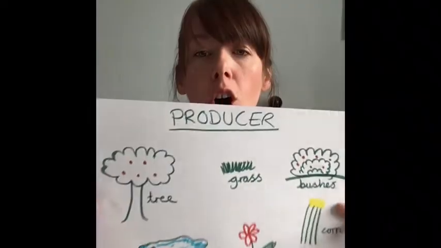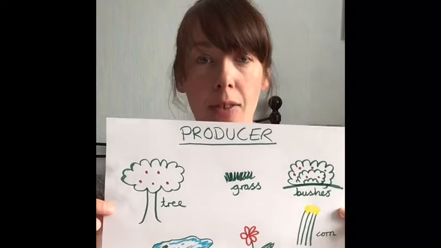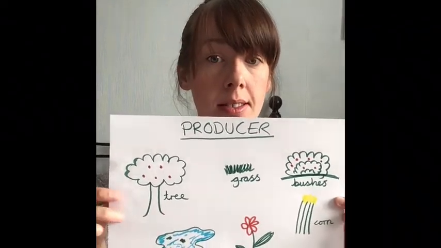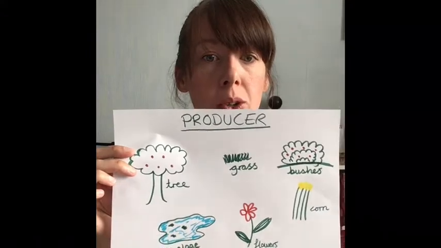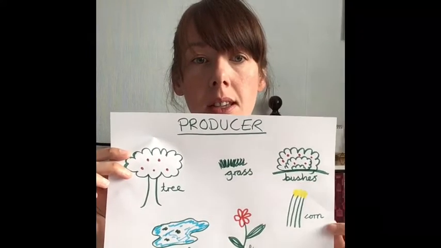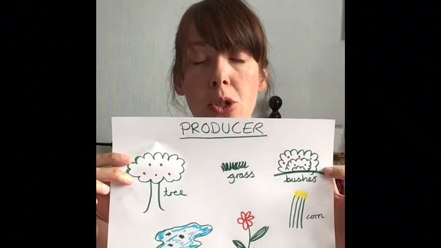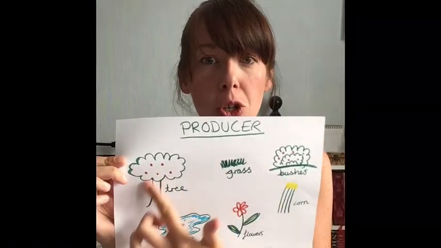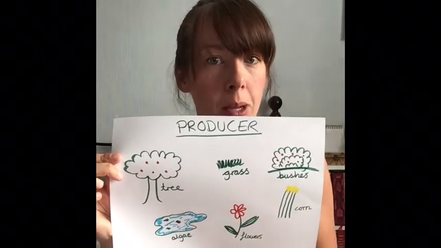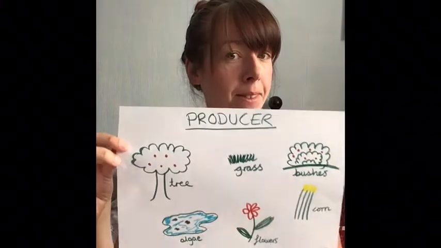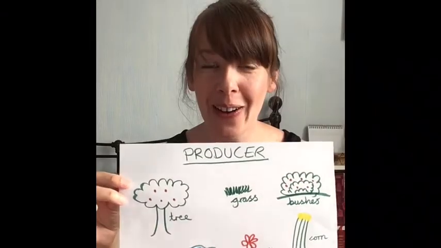Now, a food chain starts at the bottom with something called a producer. And I've got here some examples of producers. I've got a tree and some grass and some algae, some ponds, flowers, corn and a bush over there. What do you think a producer could be then? It's a plant.